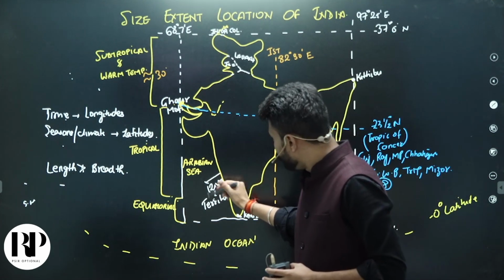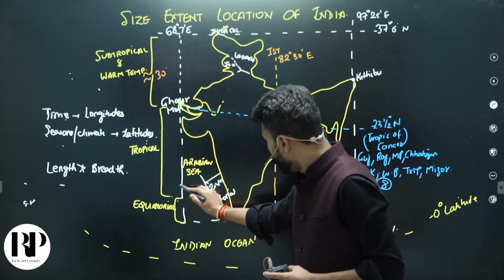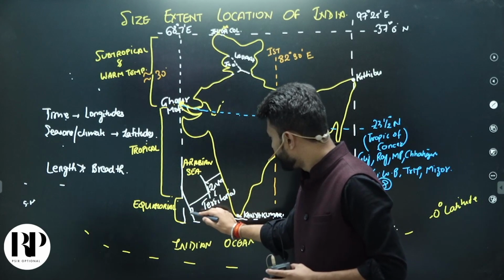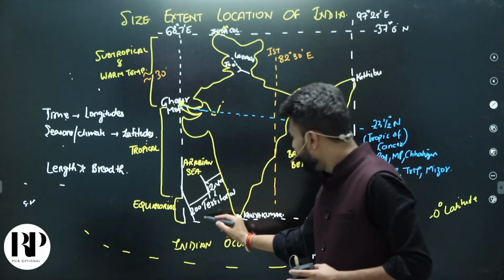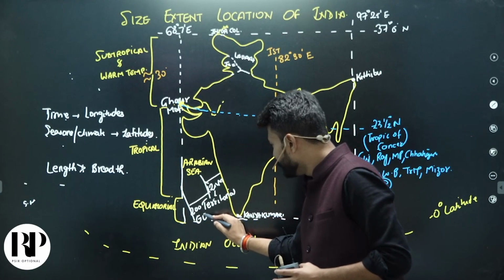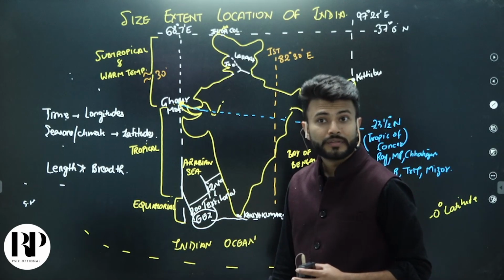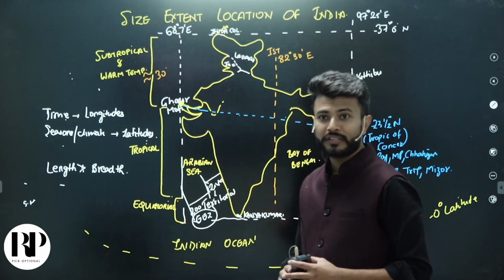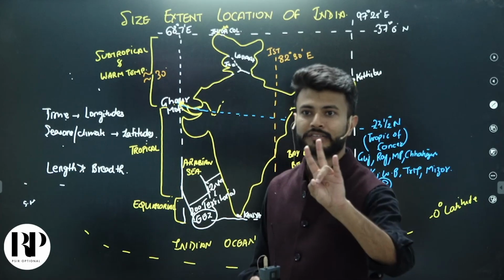When you move beyond 12 nautical miles, up to 200 nautical miles from India's coast, it is what? EEZ, exclusive economic zone. In territorial waters, India has exclusive economic as well as political rights.